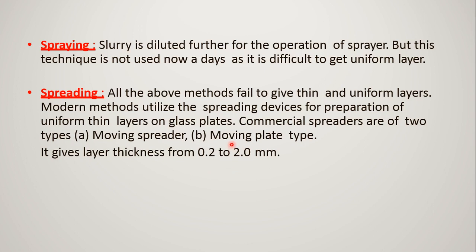By moving the spreader, a very uniform layer of this adsorbent will be made over the plates. It gives layer thickness from 0.2 to 2 millimeter. This means in these specific spreading devices we can set the thickness of the formed adsorbent layer.